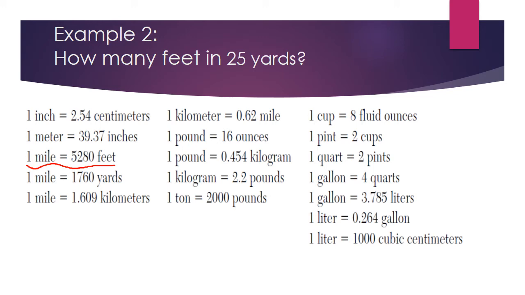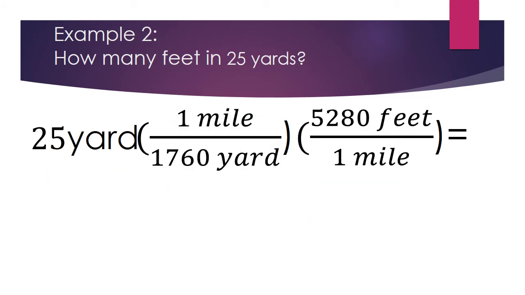So I can do my second ratio now by including 1 mile at the bottom, in the denominator, so the mile unit can cancel with the top mile unit. And then have 5,280 feet at the top of the ratio.